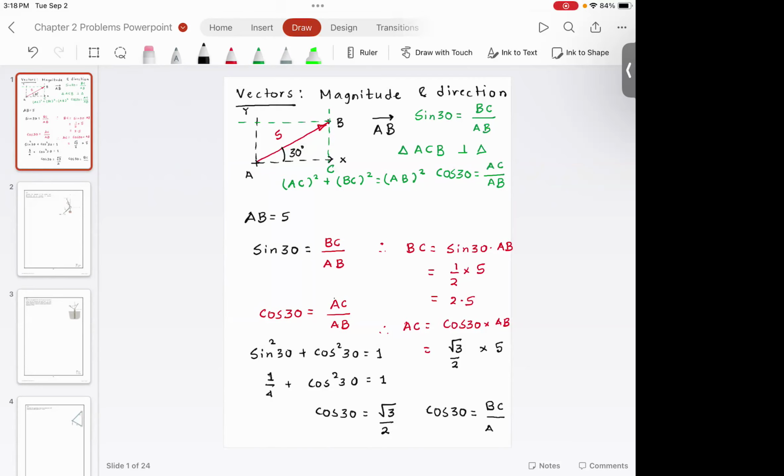Now this math is extremely important because the vector that you might be dealing with could be a displacement. The vector that you could be dealing with could be force. The vector that you could be dealing with maybe is like acceleration or velocity.